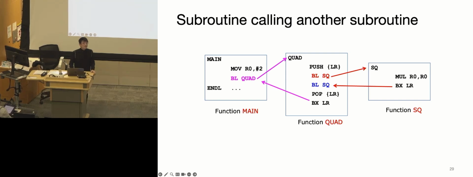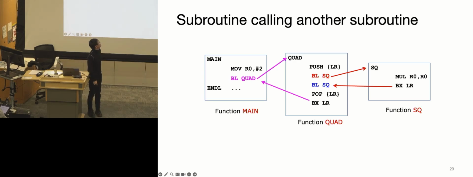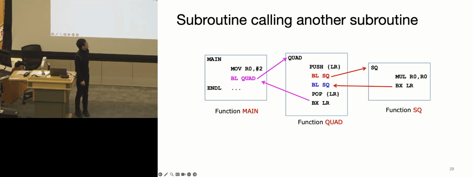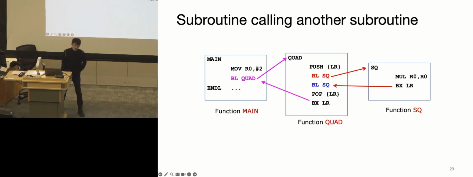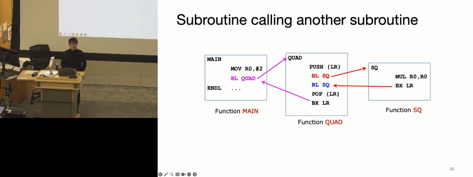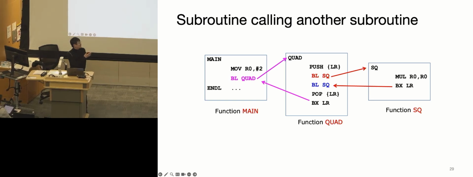Are we allowed to pop into the link register? We were told at one point that we weren't. If you saved the link register to the stack, you can totally pop that. Also, when you write assembly code, you have a lot of freedom.